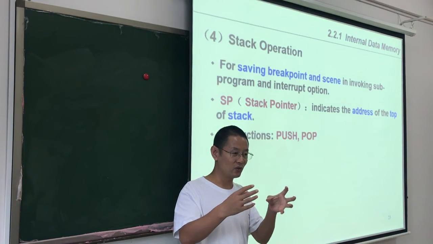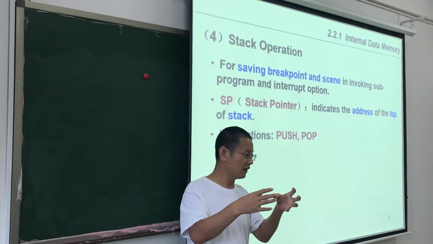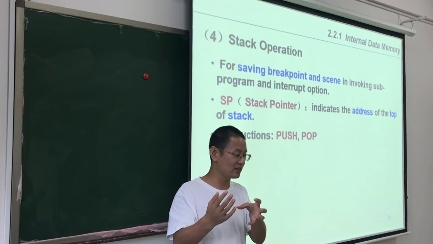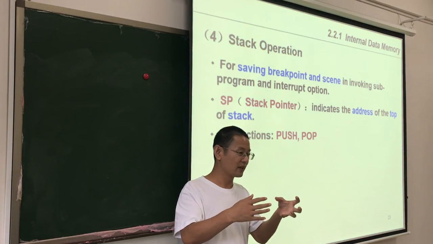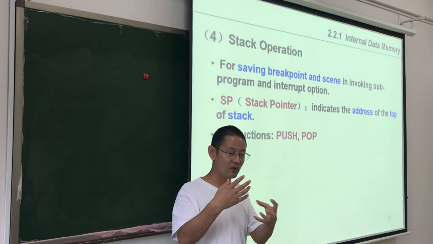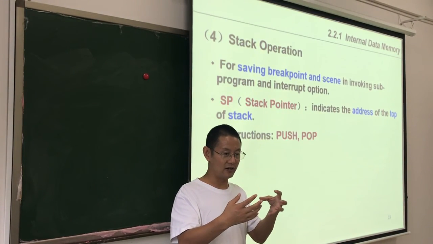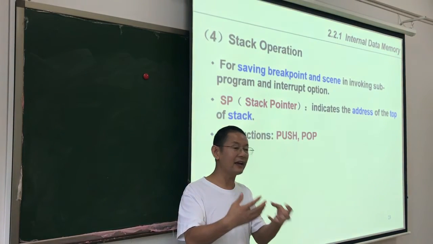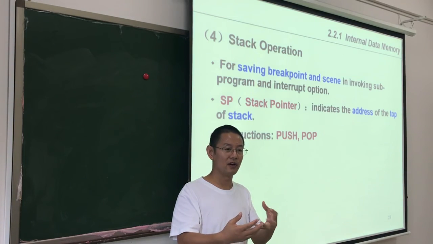So you store the current status into the stack and execute the interrupt. After your interrupt is finished, you get your state from the stack and return to your program.